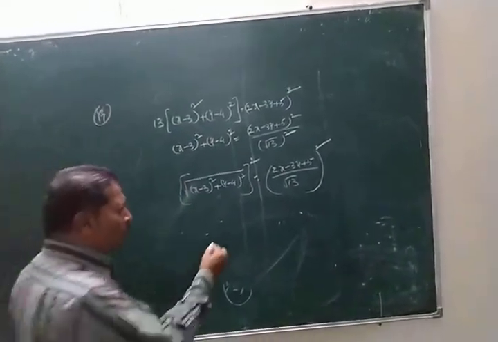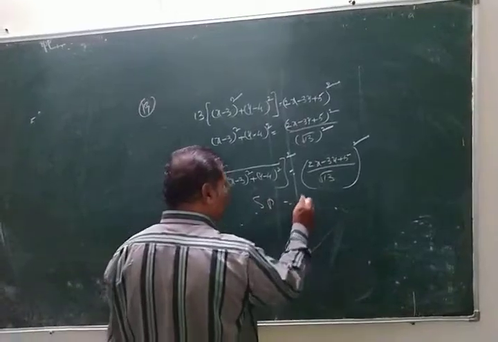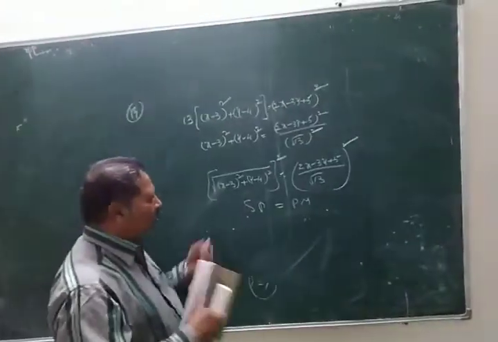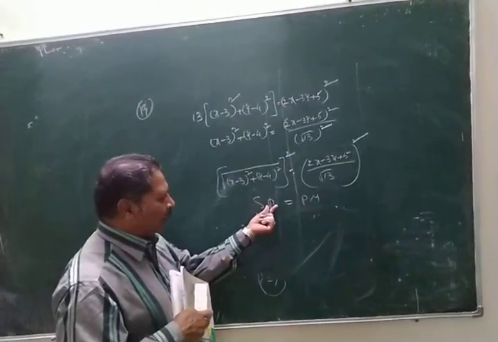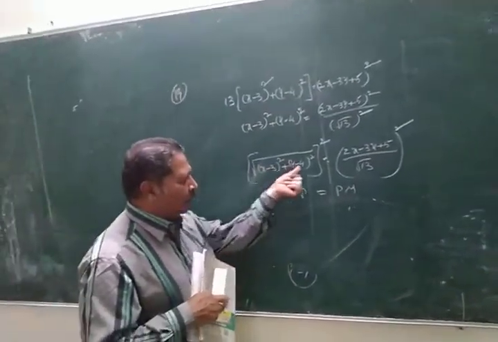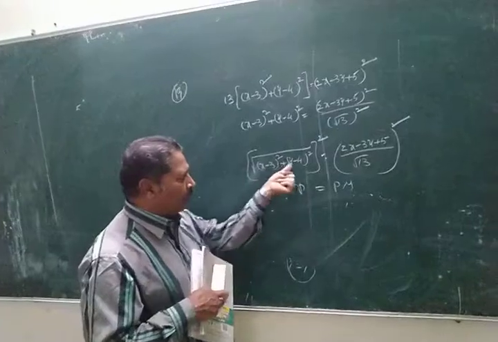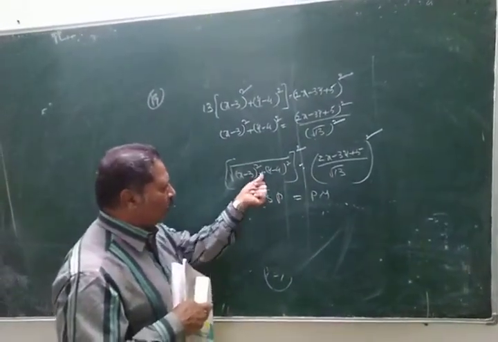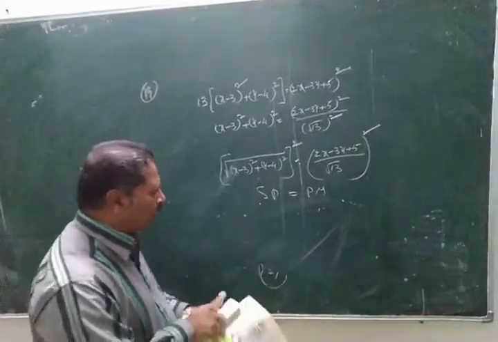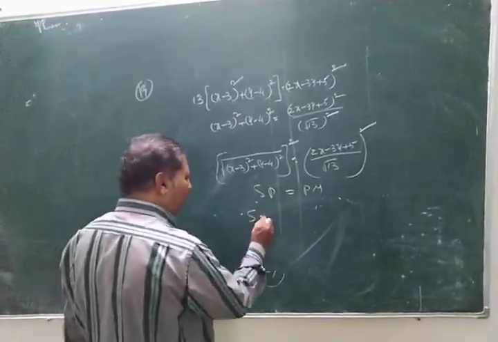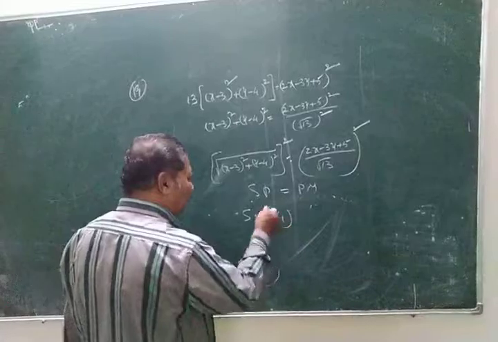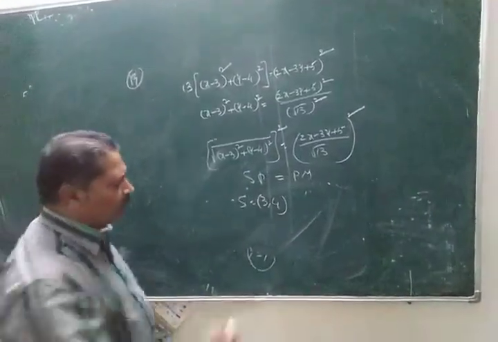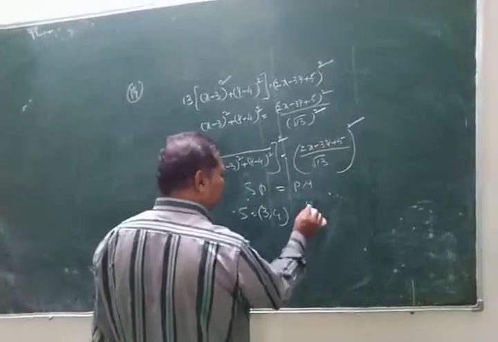This is in the form of SP equal to PM. SP, P is (x, y). S point is (3, 4), indirectly given. So x minus 3 whole square plus y minus 4 whole square. From this, S value is clearly (3, 4). This is the equation of the directrix.